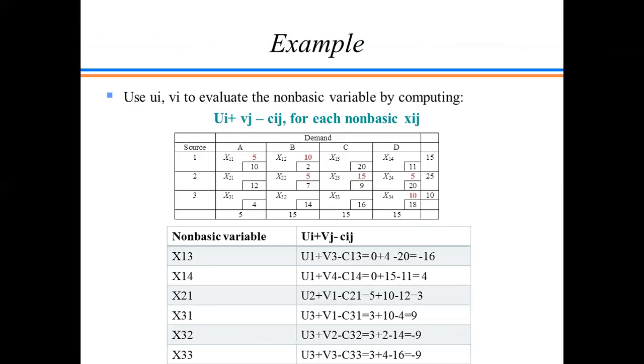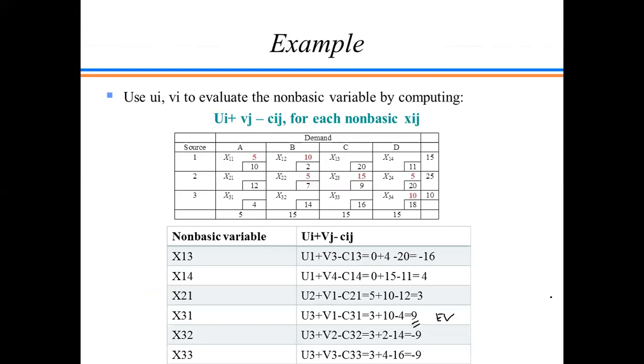Okay, if it is not optimal yet, then we need to determine the entering variable. Since the context of the problem is the minimization problem, the entering variable is the variable that has the largest positive value. So x31 is the entering variable.